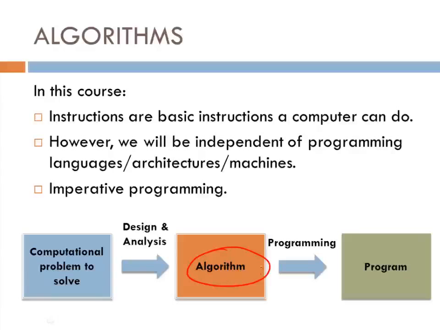So at this abstract level, you can do design and analysis. You can do a time analysis to figure out how fast the program will run. You can do analysis to see how much space it would take, and so on. And once you've designed the algorithm and it meets your expectations, you can always go ahead and program it in any programming language of your choice, like C or Java or C#.